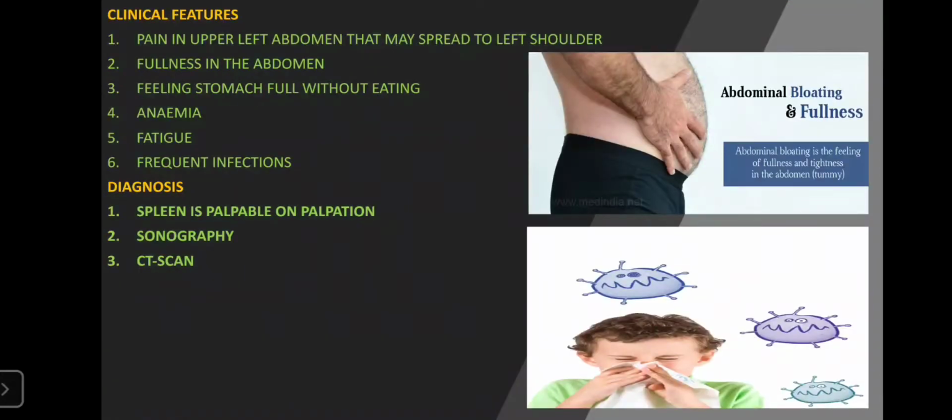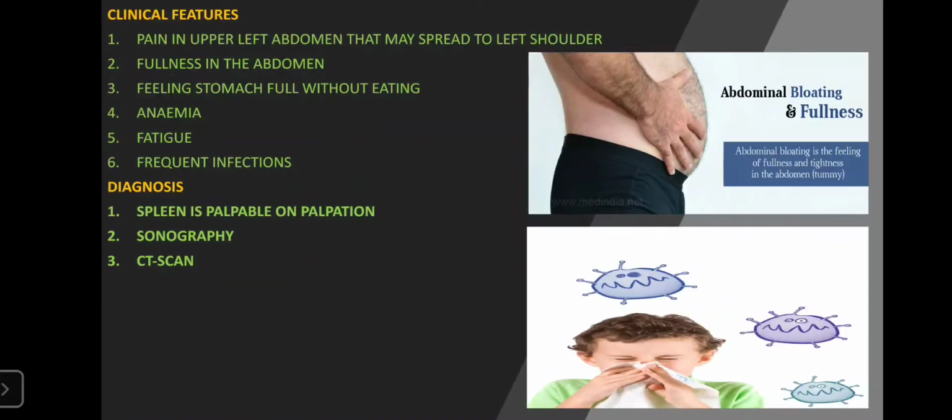So, what will be the clinical features of splenomegaly? There will be pain in the upper left abdomen that may spread to the left shoulder. There is a sensation of fullness in the abdomen. The patient feels the stomach is full even without eating.